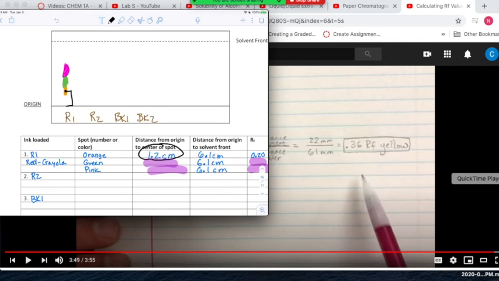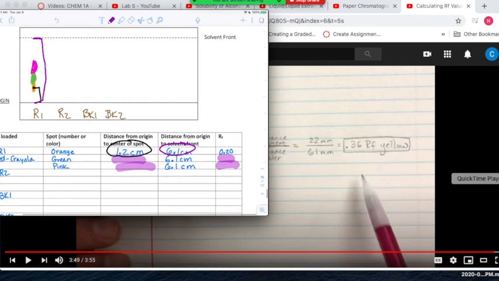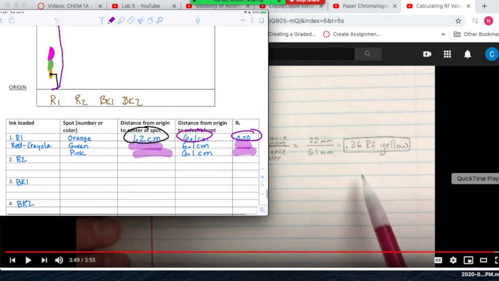And then you would also measure from the origin to the solvent front. So that's as far up as your solvent reached. And here we have it measured at 6.1 centimeters. You would do the division, and that would be your RF value. So you would do that for every single color you would have seen in each marker.